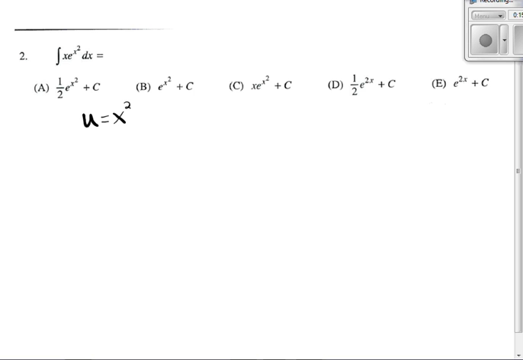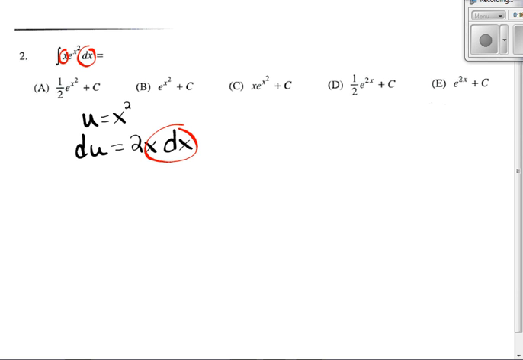Your other option when you're taking the exam is just to differentiate these, but that'll take longer if you do all of them. So what's du? 2x dx. You have to keep track of everything. You have to get rid of the 2. I want just this piece here, because that's what I have up here.